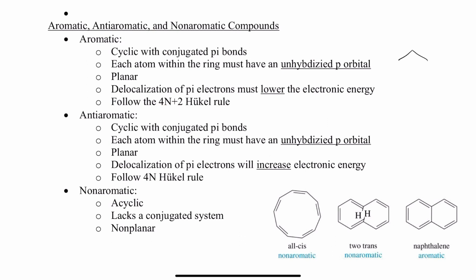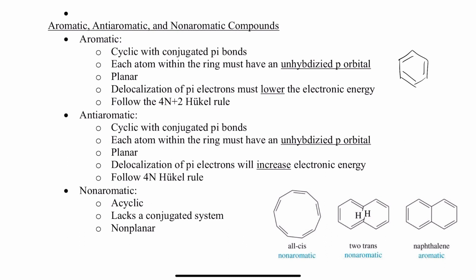So for example, if we take a look at benzene, we see that this is a cyclic structure. We have our conjugated system because we have all of our double bonds separated by a single bond. All of these carbons are sp2 hybridized. So because of that, we know that this is a planar structure. We saw that whenever we draw the resonance structure, it does lower the electronic energy.